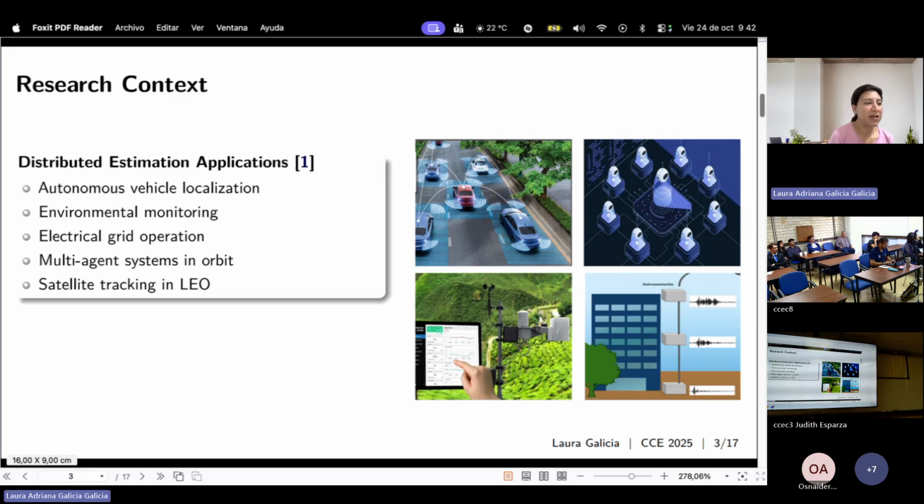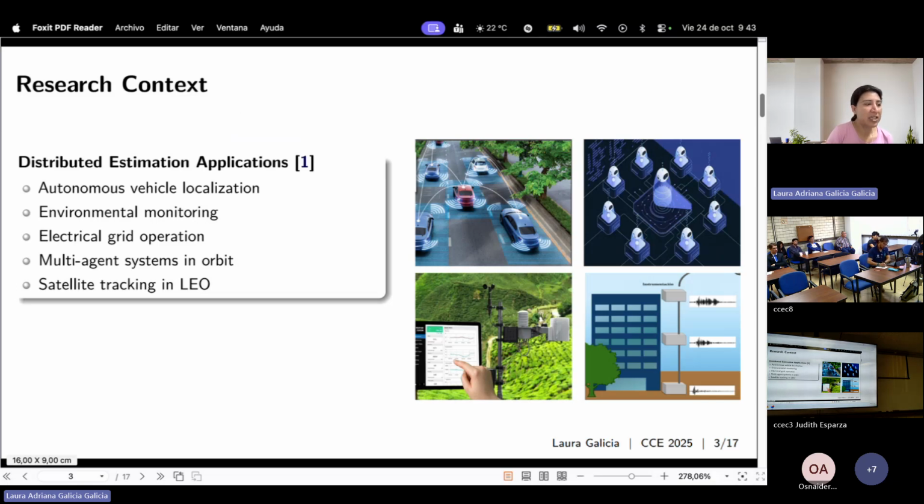Distributed estimation plays a fundamental role in modern technological systems. We find essential applications in autonomous vehicles where multiple sensors must locate and navigate collaboratively, in environment monitoring networks that track pollution or weather patterns, and in smart power grids that require real-time state estimation across widely distributed infrastructure.